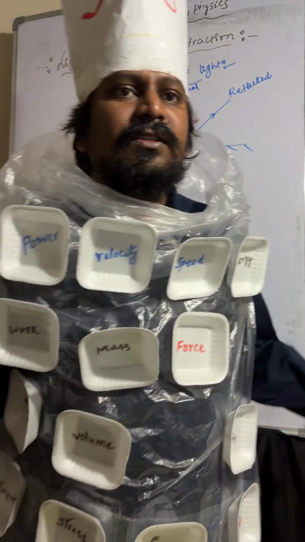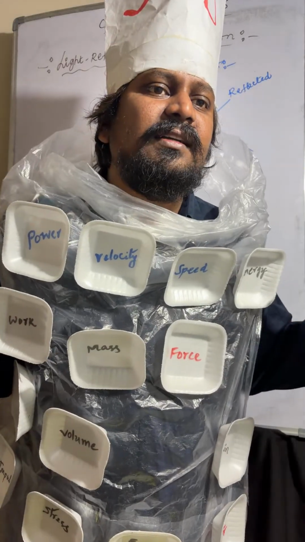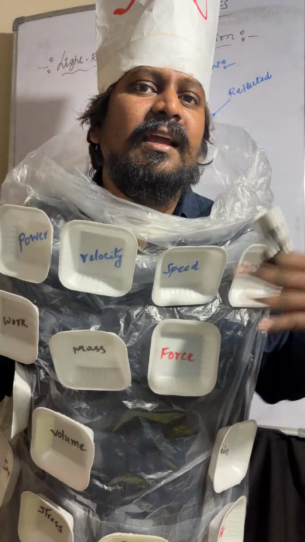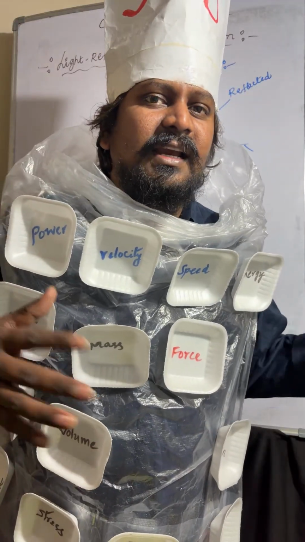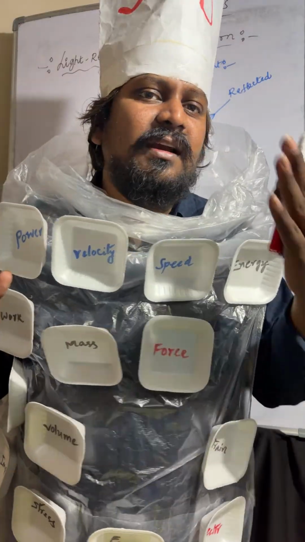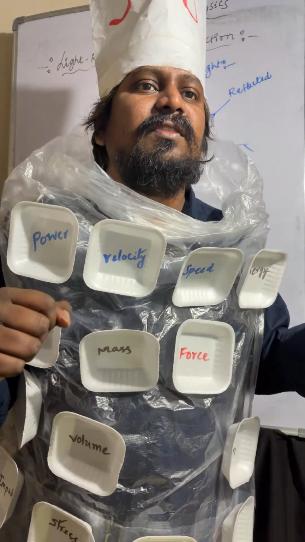Understood or not? So incident ray, reflected ray, normal line. The angle between the incident ray and normal line is the angle of incidence, and the angle between the reflected ray and normal line is the angle of reflection.